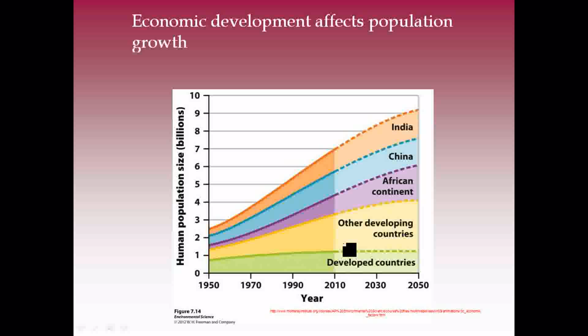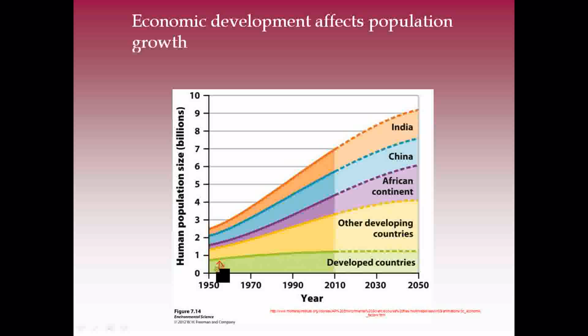Economic growth affects populations. Let's take a look at this graphic here, and we'll see that in 1950, if you look at these different segments, developed, other developing, and then they separated out Africa, China, and India, no one of these segments is any bigger than the developed countries.